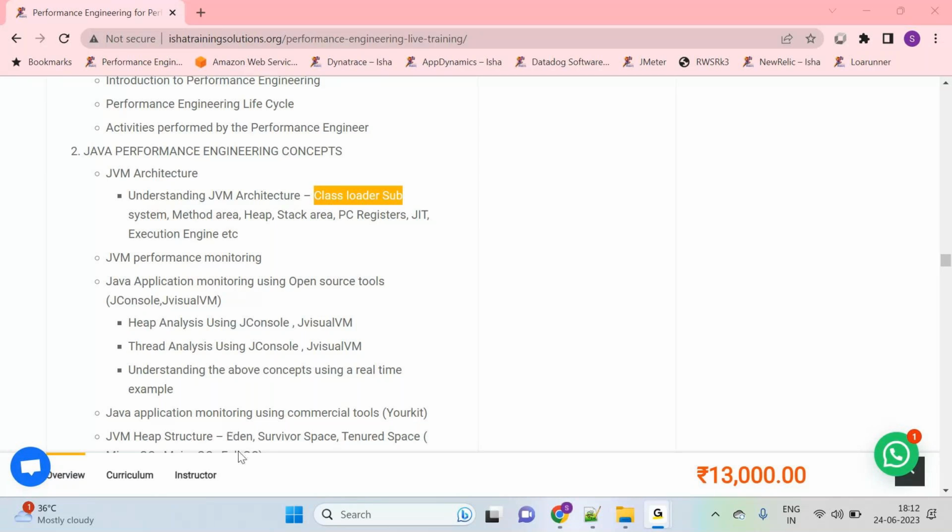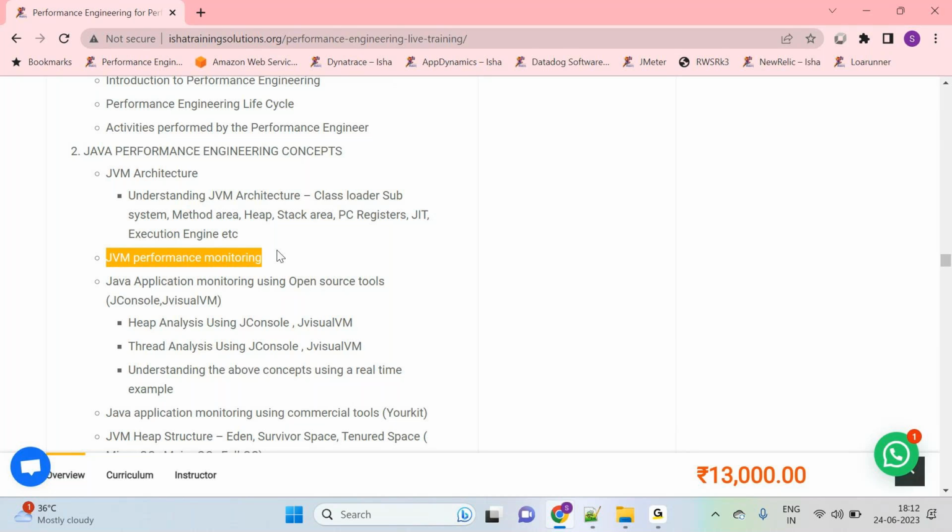Then JVM performance monitoring. Any of your Java programs or software that you are running will run on a JVM. While running in the JVM, what can you monitor? What is happening with your threads, your heap memory, your garbage collection. What happened to your memory, your threads, your garbage collection.